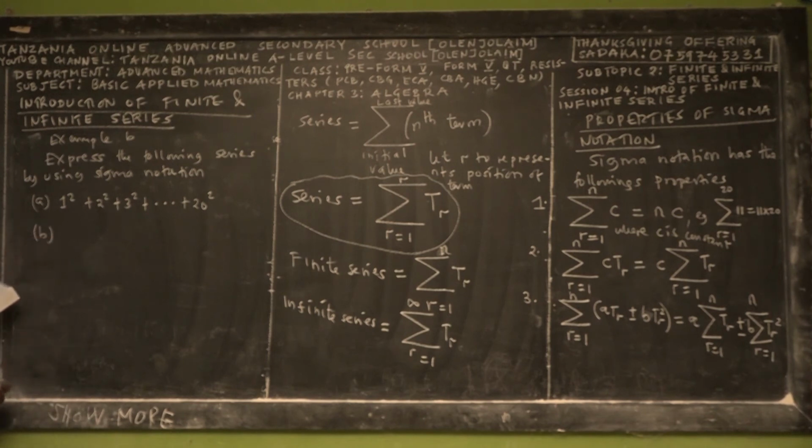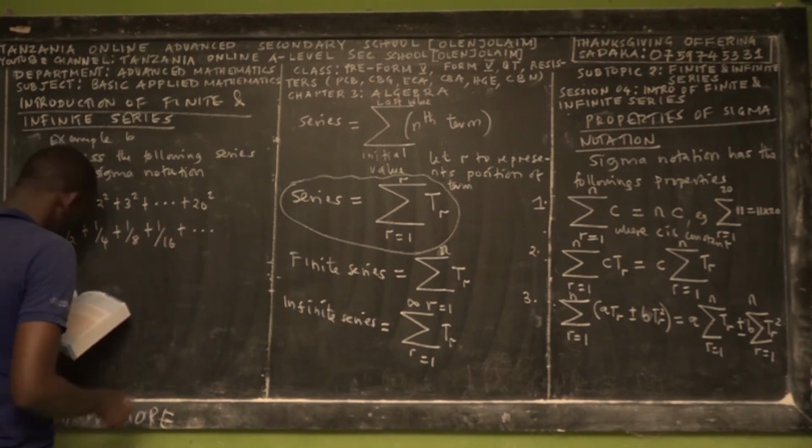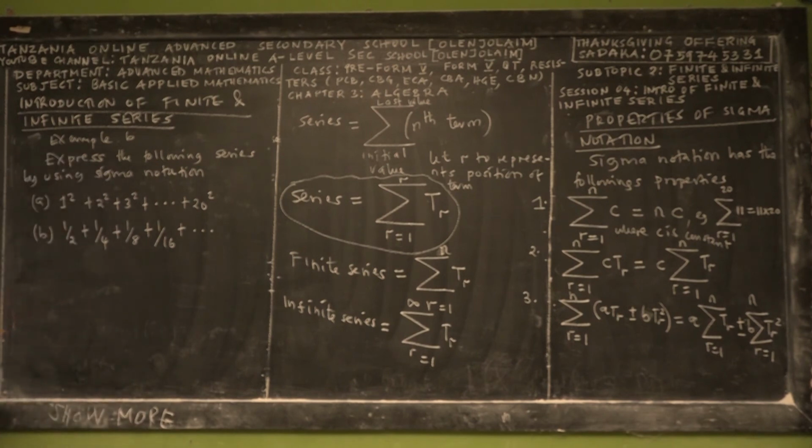B: 1 over 2 plus 1 over 4 plus 1 over 8 plus 1 over 16 plus dash dash. How many types of series do we have? 2. We have 2 types of series.